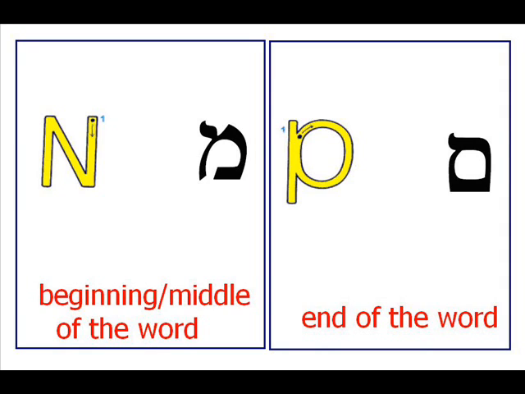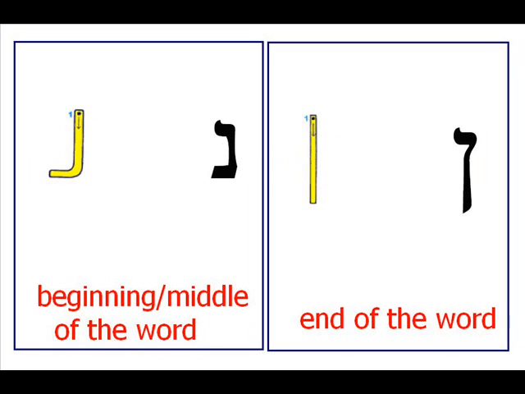If it is at the beginning or the middle of the word, we will use this way, and if we are at the end of the word, we will use the right one. For the noon, it's the same. Noon is pronounced na, or like n in English, and we have two ways of writing it.